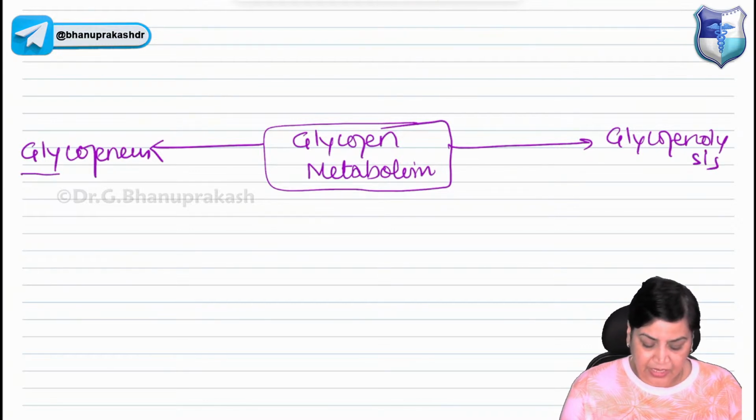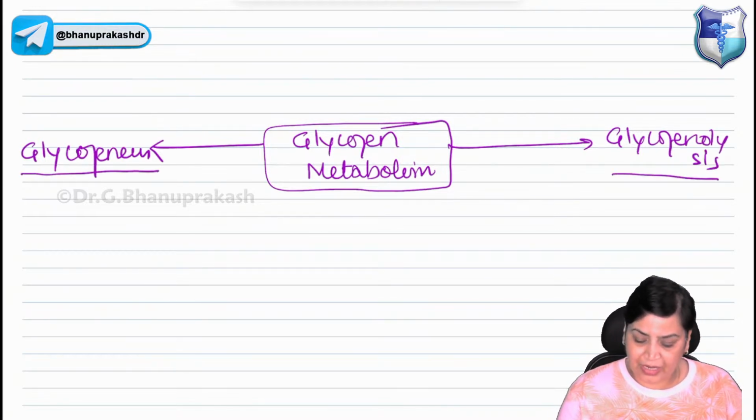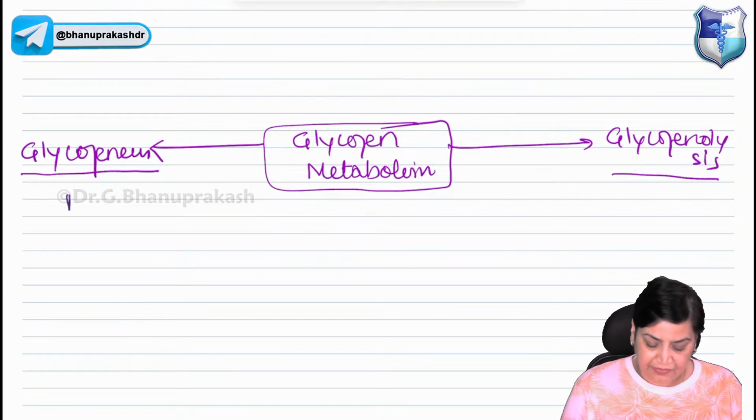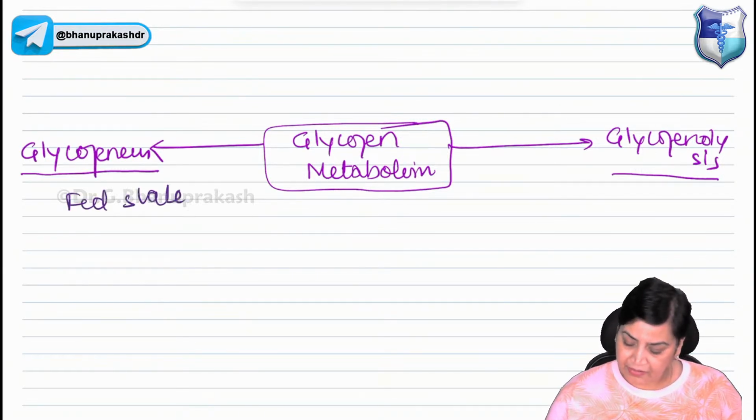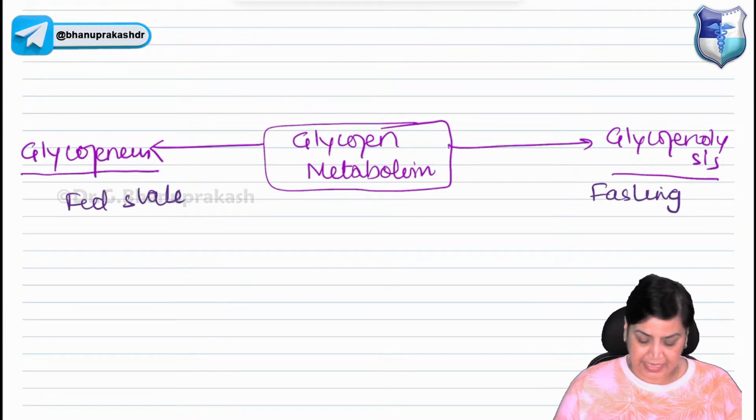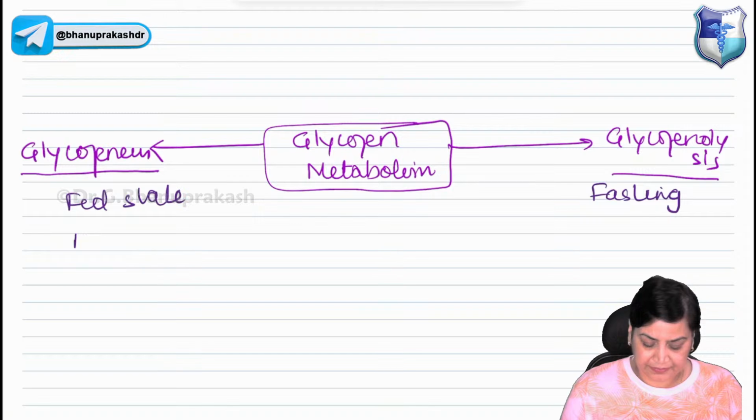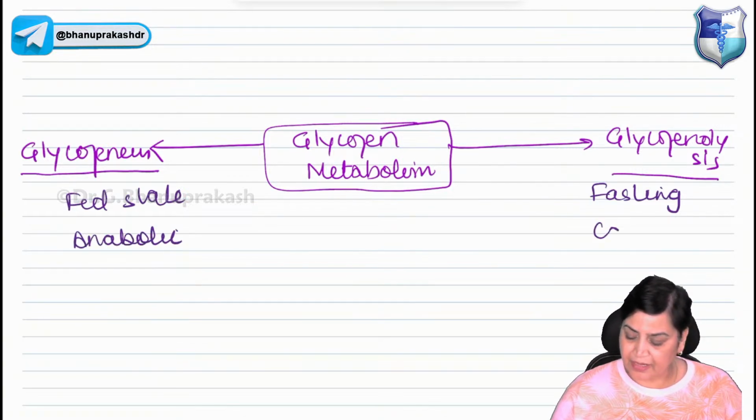The difference between glycogenesis and glycogenolysis is fed state, fasting state, anabolic, catabolic.